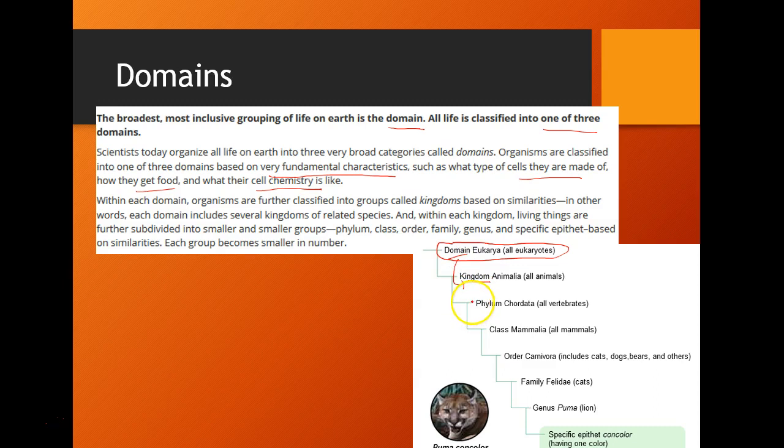It breaks it down a little more, and then into phylum, class, order, family, genus, and then the specific epithet, which is the most specific category, where our species have very unique names.